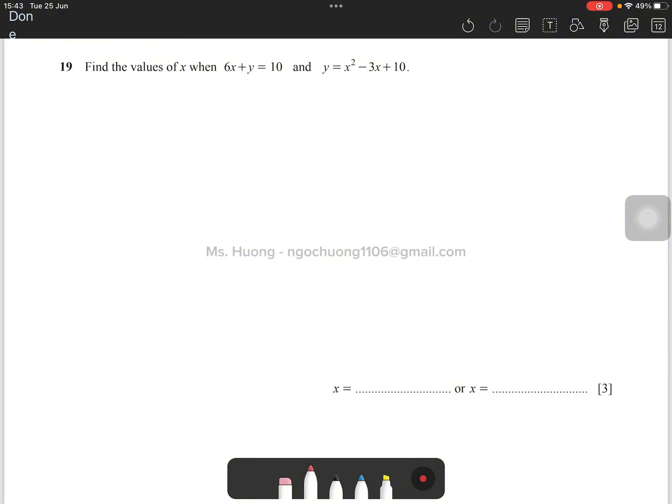Question 19. Find the values of x when 6x plus y equals 10 and y equals x squared minus 3x plus 10. So this is kind of a simultaneous equation. 6x plus y equals 10. y equals x squared minus 3x plus 10.